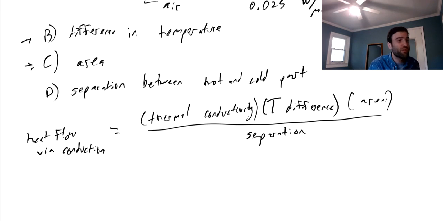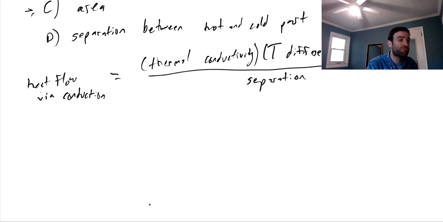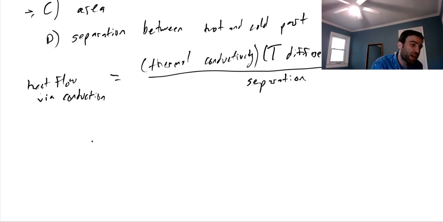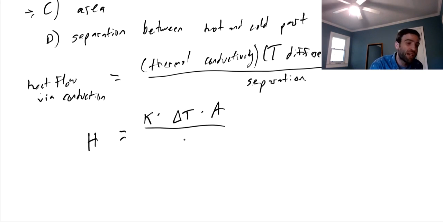Okay, that's putting those 4 pieces together into this single equation. And in symbols, I might call this something like heat flow being equal to some thermal conductivity, and I'll just use the letter K, multiplied by a difference in temperature between the hot and the cold object, multiplied by the area through which the heat is flowing, all divided by some separation D.